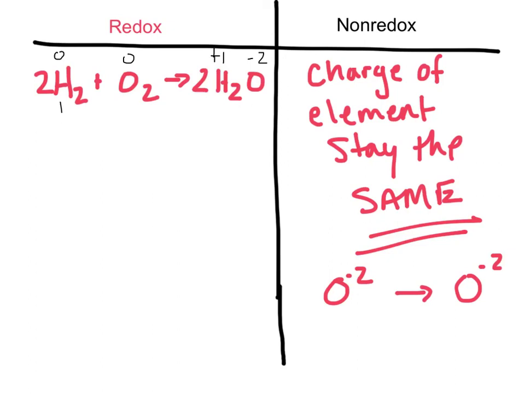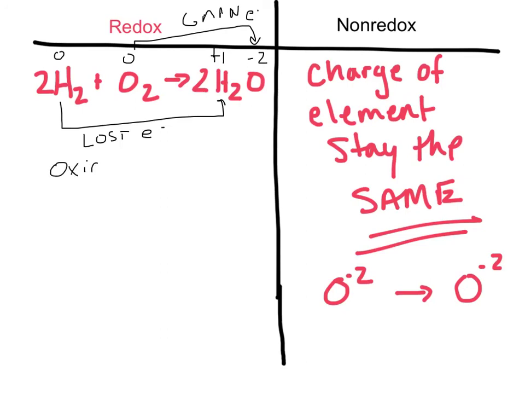So the charges of hydrogen change from side to side, and the charge of oxygen change side to side. Now, hydrogen lost electrons and became more positive, and oxygen gained those electrons and became more negative.